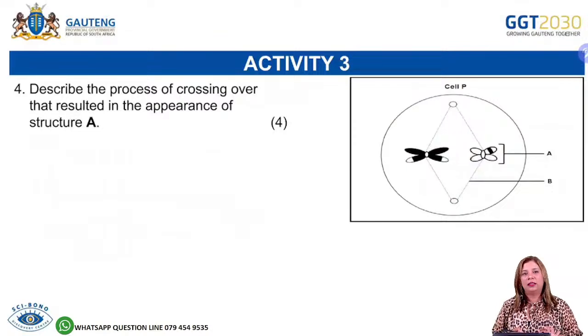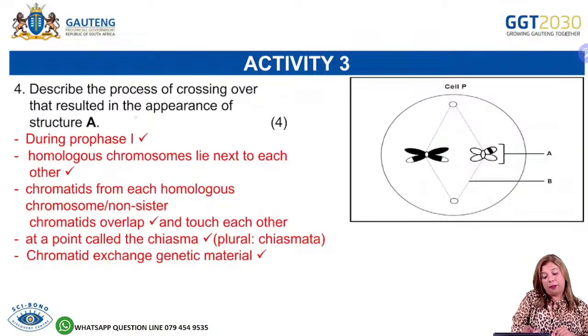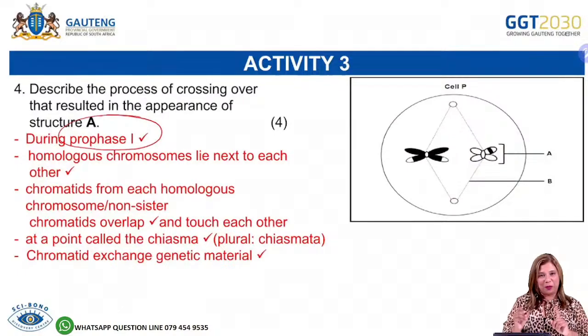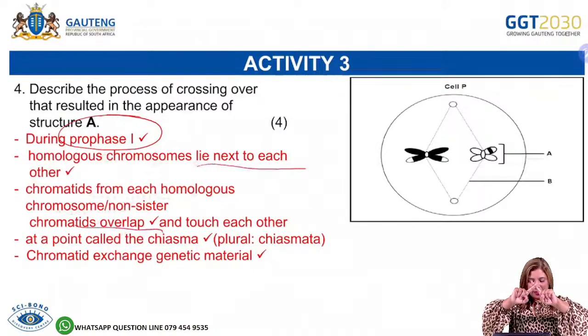They ask you to explain what is going on. So there they said during prophase 1, you see I did not lie. Homologous chromosomes lie next to each other. Chromatids from each homologous chromosome are non-sister, because they haven't exchanged yet. They overlap. Remember the diagram?